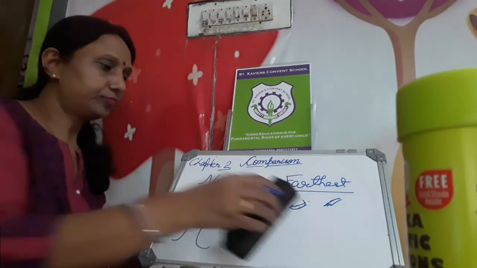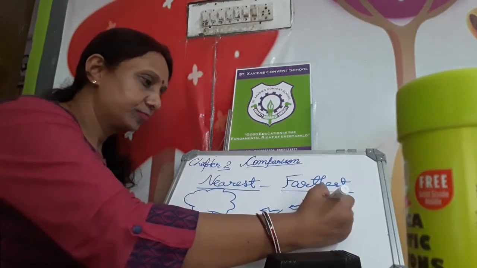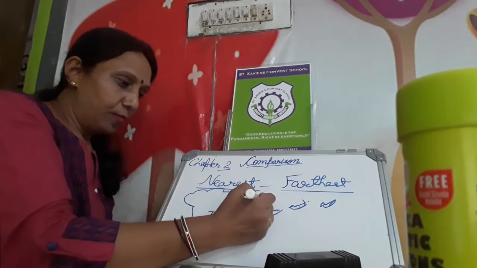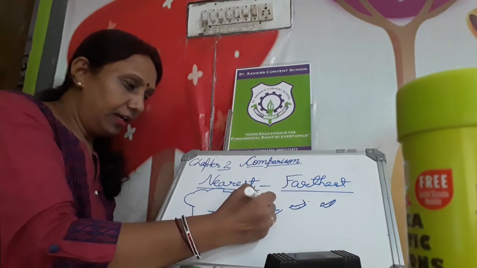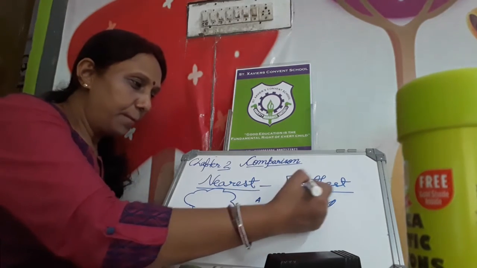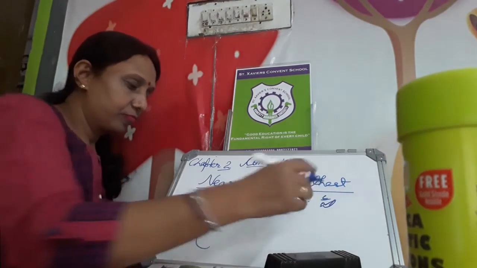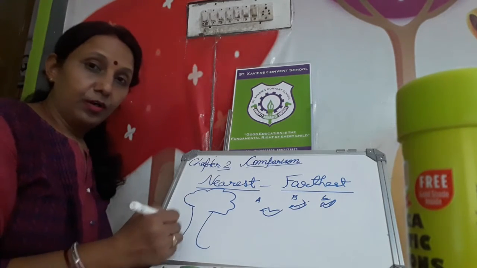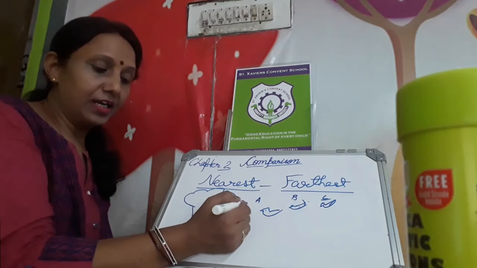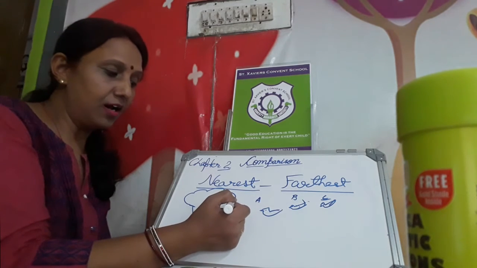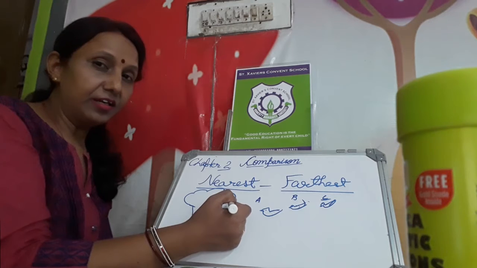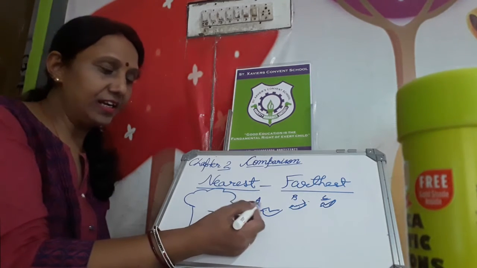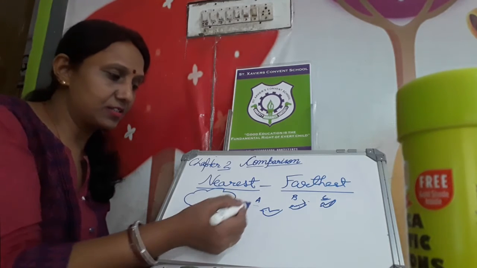Just see here. Bird A, bird B, bird C. Now, this is the tree. Which bird is nearest to the tree? Which one has the low distance, very less distance?